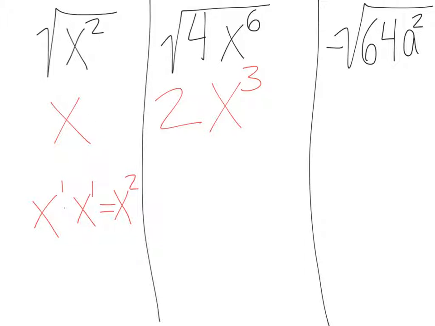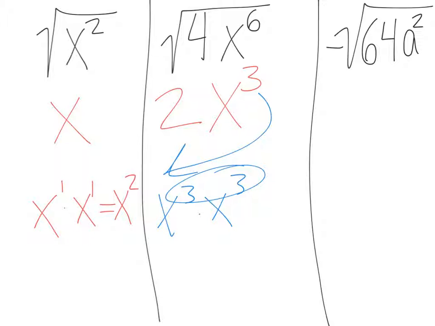And again, the reason for that is because x to the third times x to the third, when we add those exponents together, we get x to the 6th power. And that's going to work for any variable or number that has an even exponent. Okay, so our last example, we have a negative on the outside, and that negative is just going to carry with the rest of our problem.